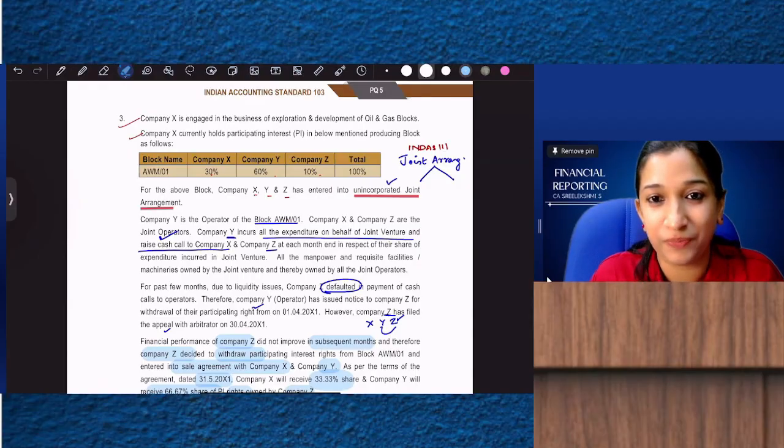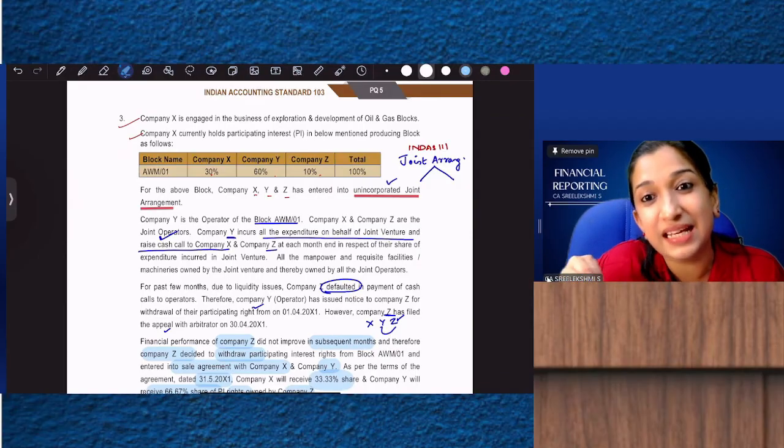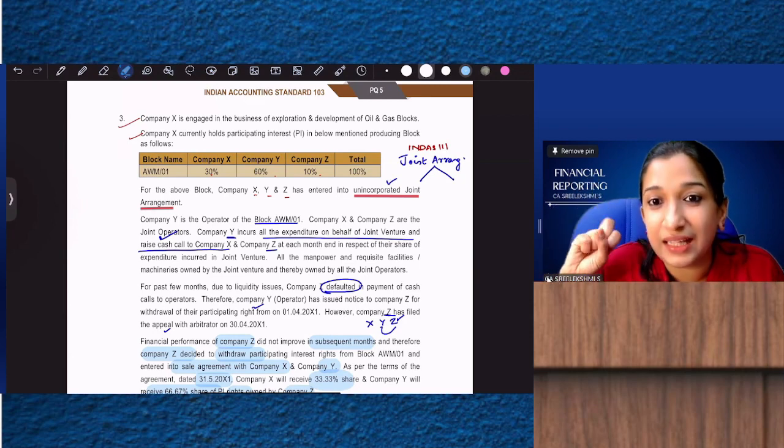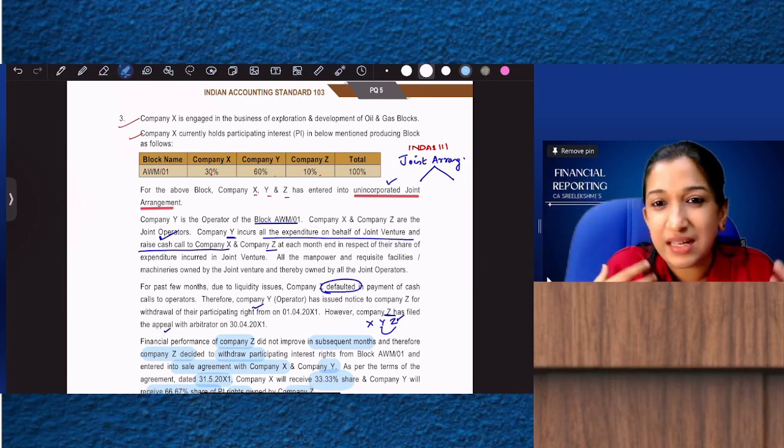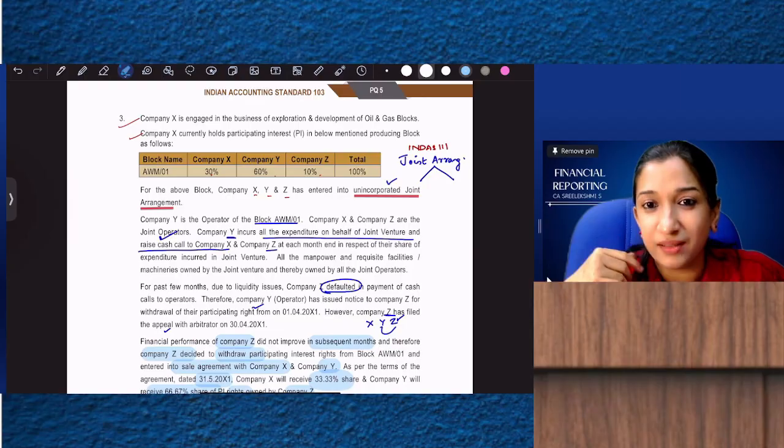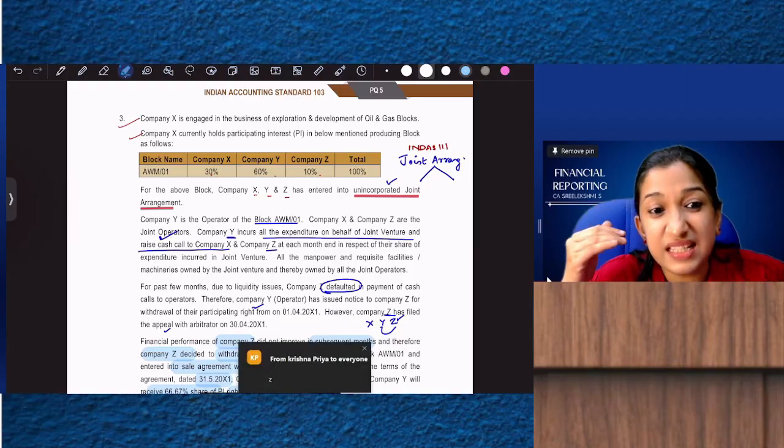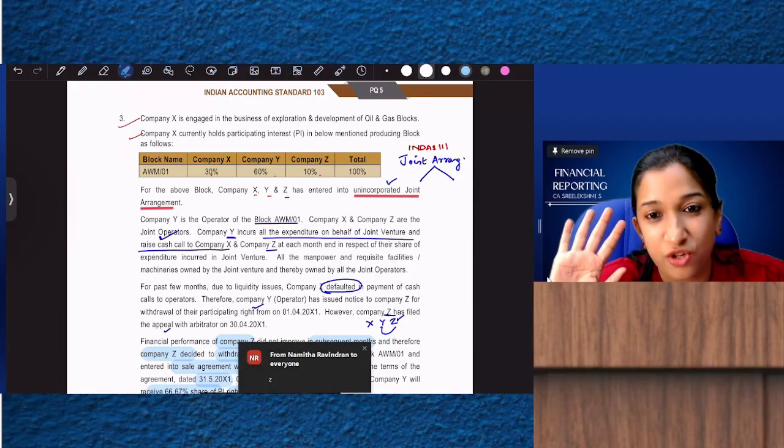Company X and Y are buying the net assets which were owned by Z. Z is selling its participating interest.